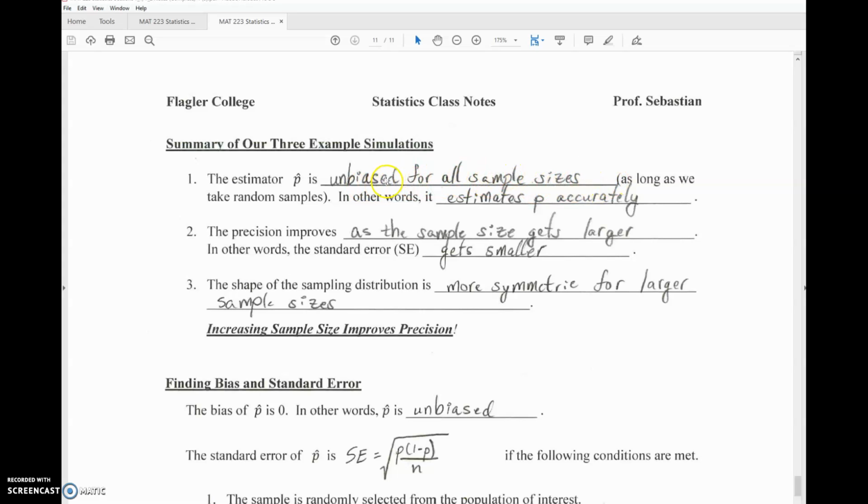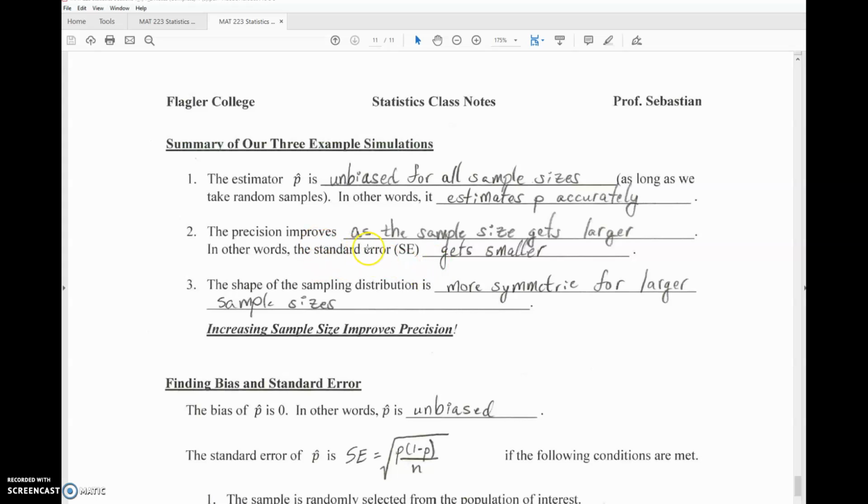Now, unbiased means that the mean of the sampling distribution will be the true population parameter, in this case p. So in other words, it estimates p accurately. The precision, the repetition of doing that estimation, improves as the sample size gets larger.